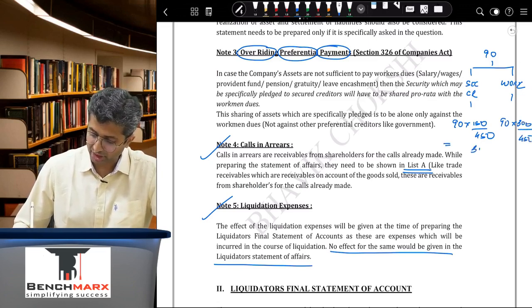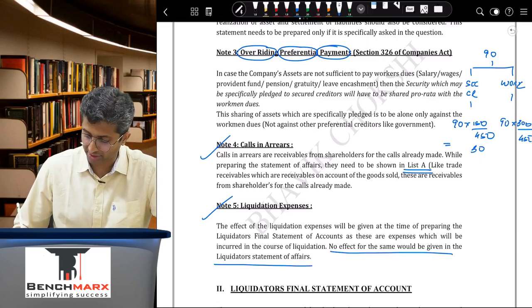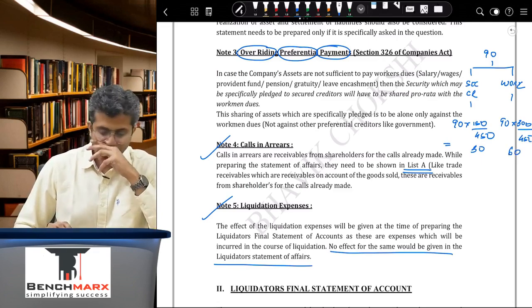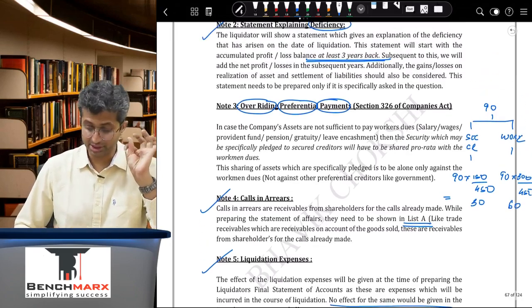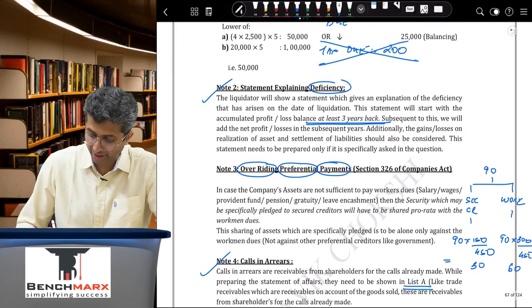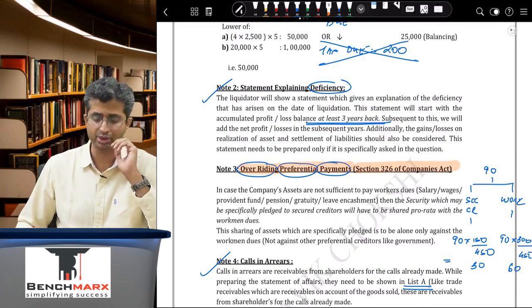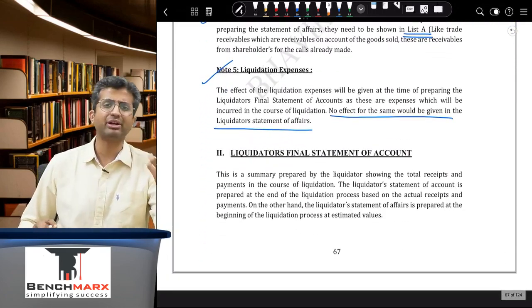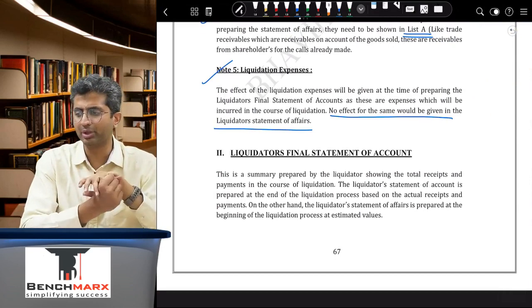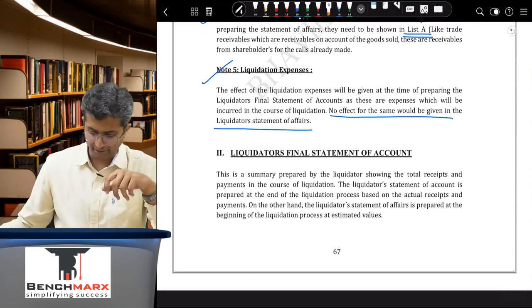So basically 30 will be used to pay off the secured creditor, and the remaining 60 will be used to pay off the workmen. This is the provision of overriding preferential payments as per section 326 of the Companies Act. So this largely takes care of the liquidator's statement of affairs.